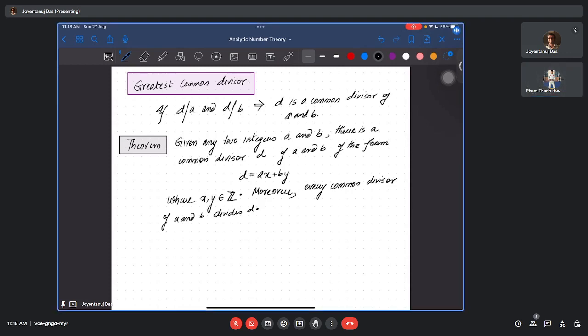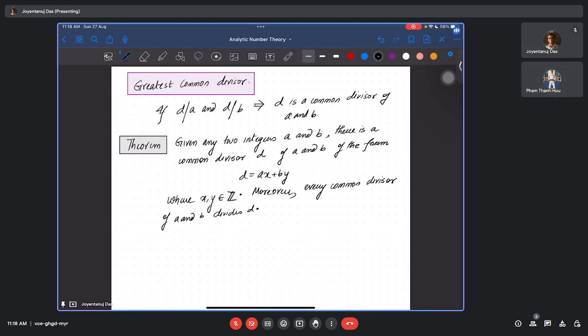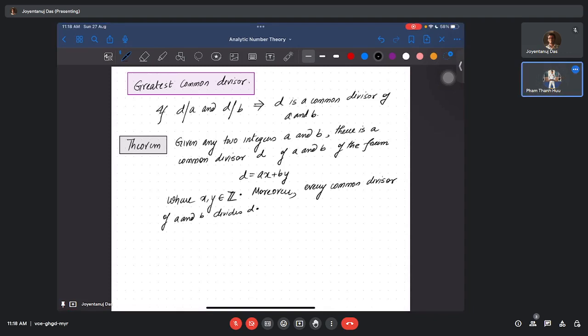But we don't want d to be zero, since d is a divisor.